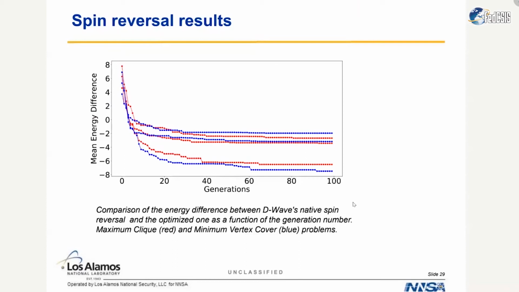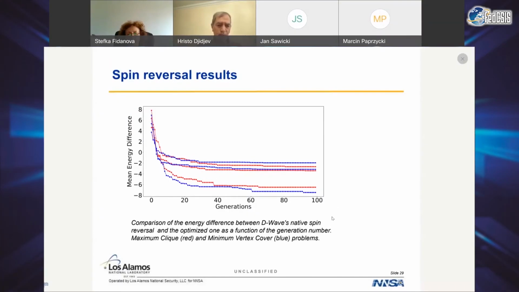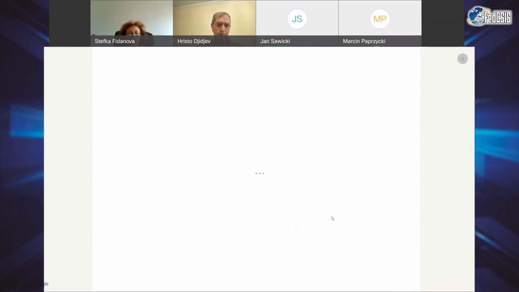And after that, there is still improvement, but not so pronounced. So we can do significantly better than D-Wave's version, and much better than the version that doesn't do any spin reversals. Okay, next slide, please.